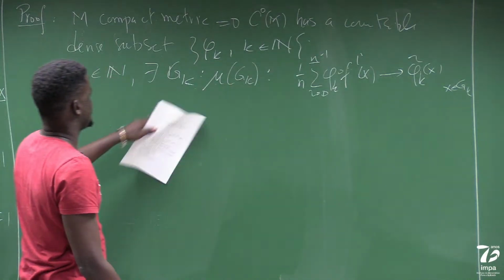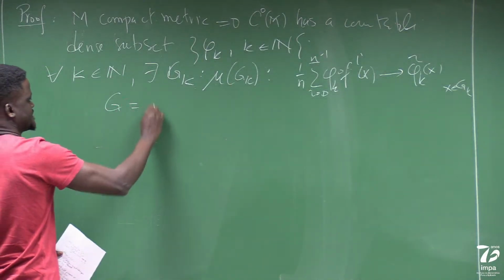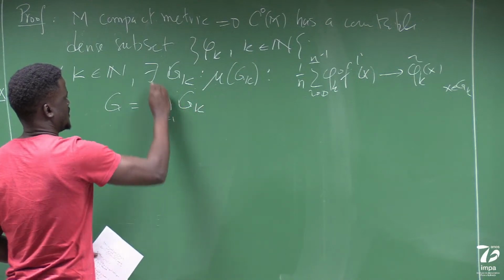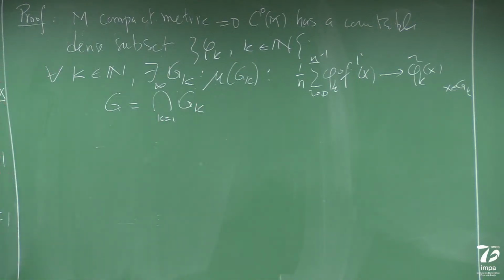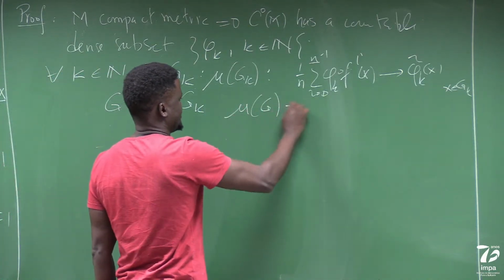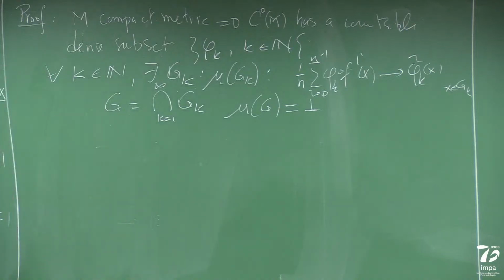And what you do, you define G to be the intersection of the G_k's. Then, from a theorem from measure theory, mu of G is 1, so G has full measure.